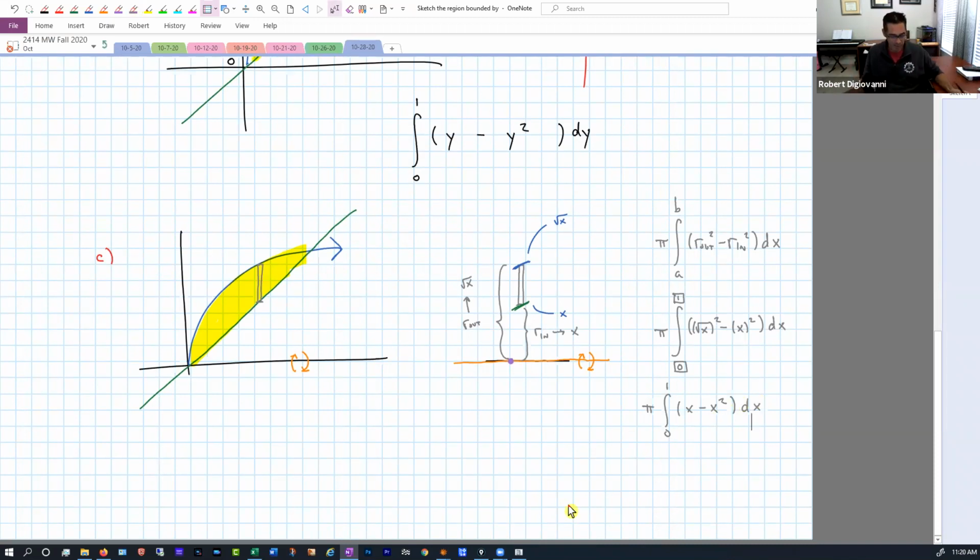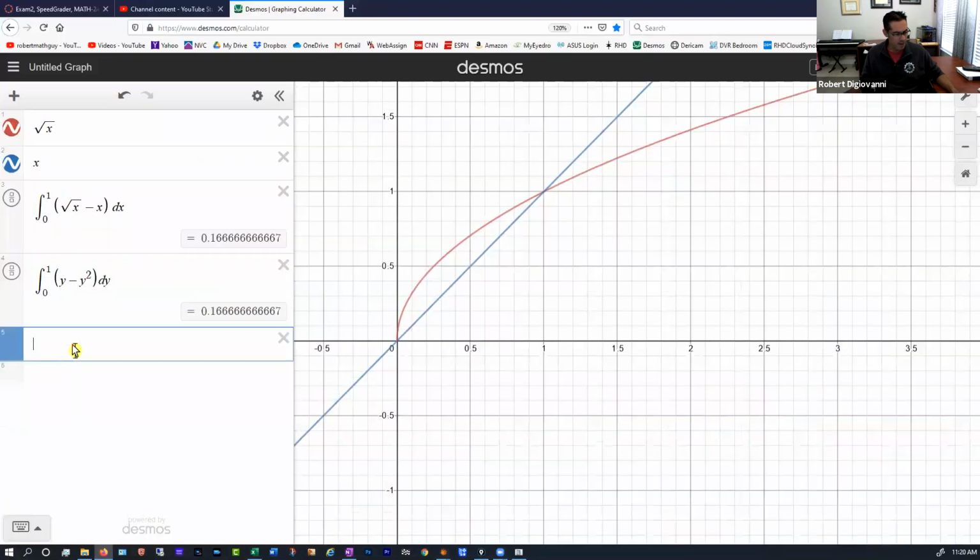Let's go ahead and get it since I have it right here. This will be the integral from 0 to 1, pi, outer radius squared, which turned out to be x, minus the inner radius squared, which was x squared, dx. So the volume of that solid would be 0.523598.